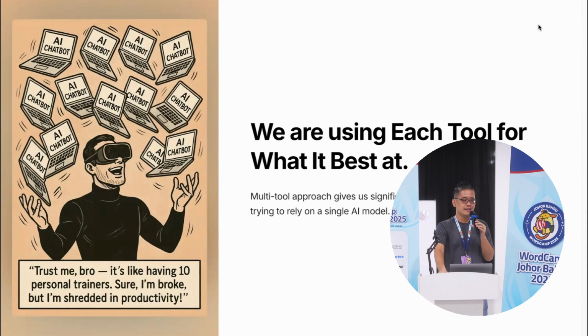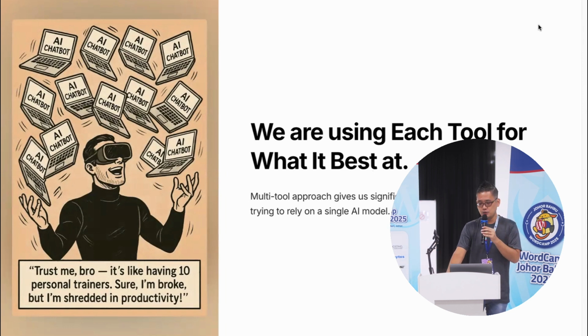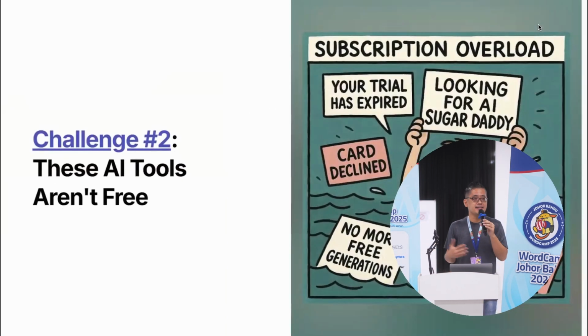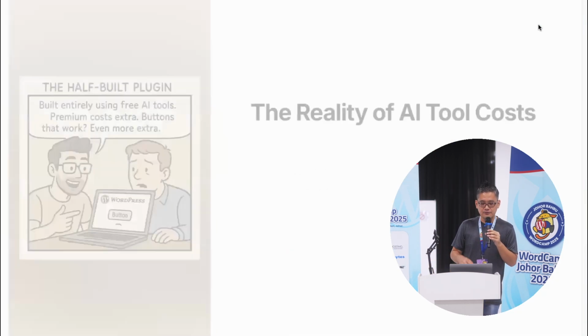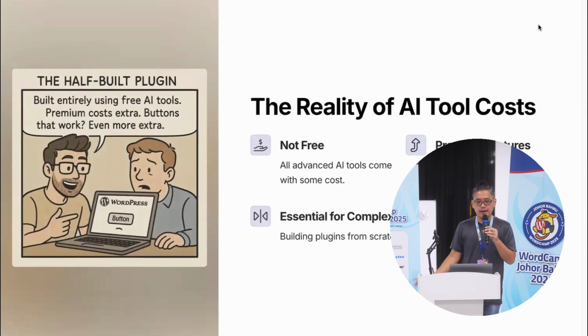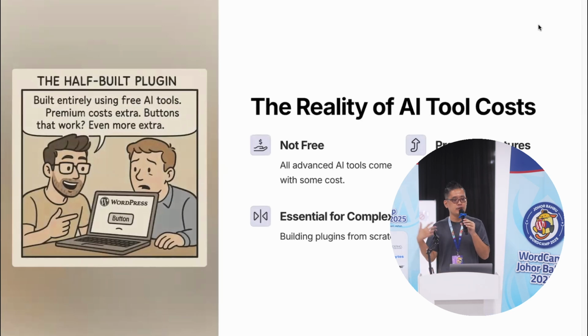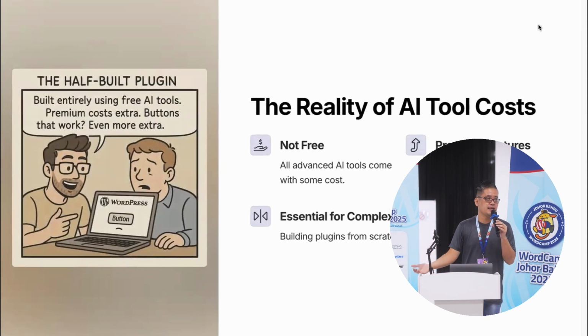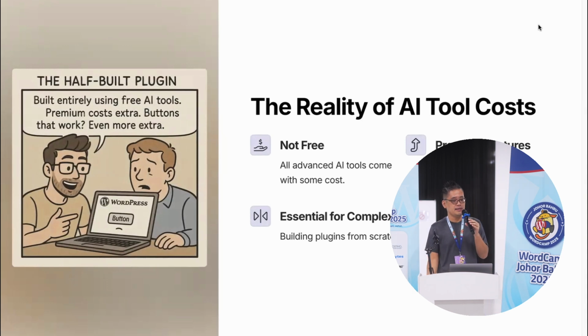However, this will lead to another challenge, which is that AI tools are not free, right? In every AI tool out there, whether it's the fancy IDE like Cursor, Windsurf, or chat assistant like ChatGPT, Gemini, Claude, right? None of them are completely free, right?